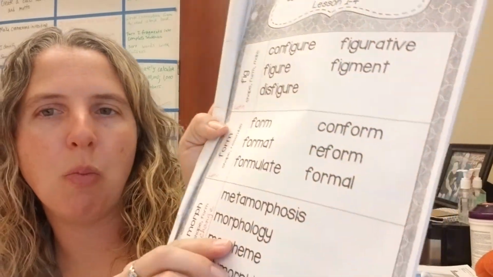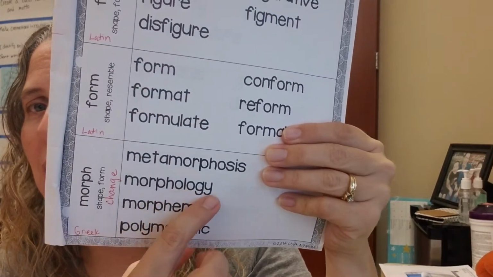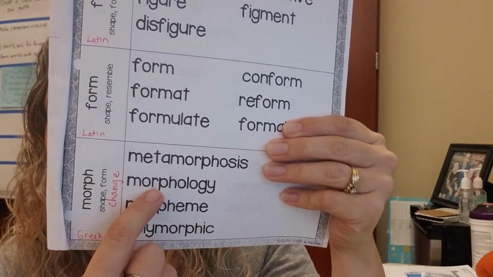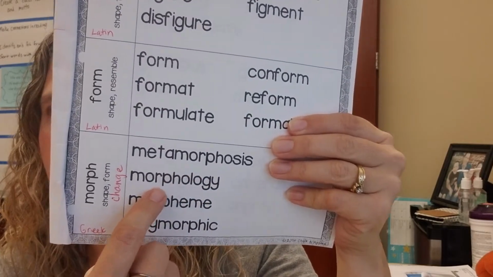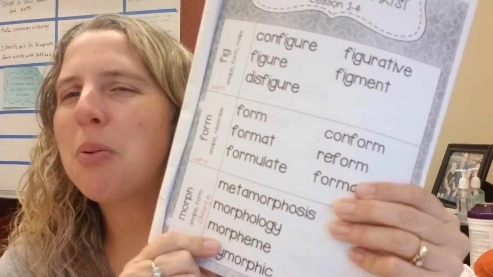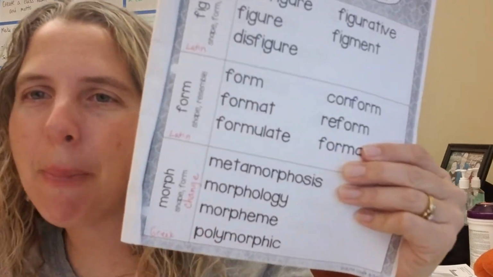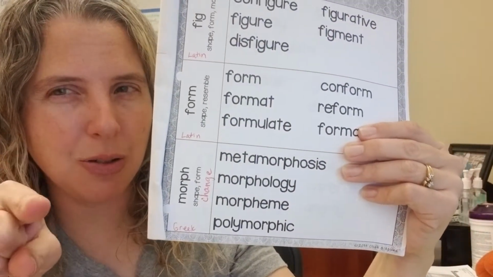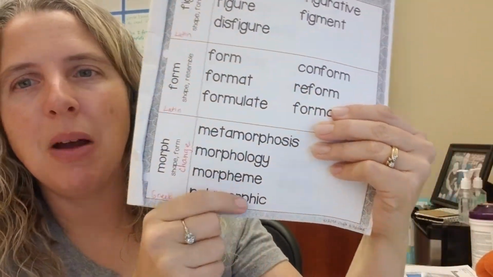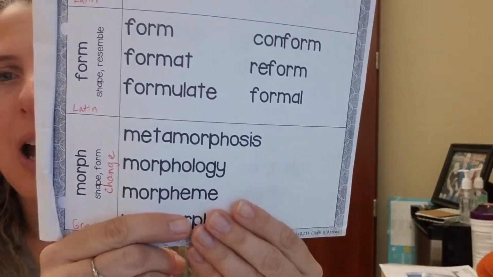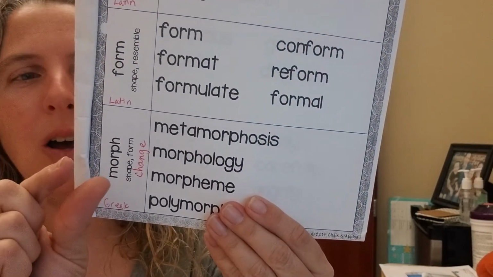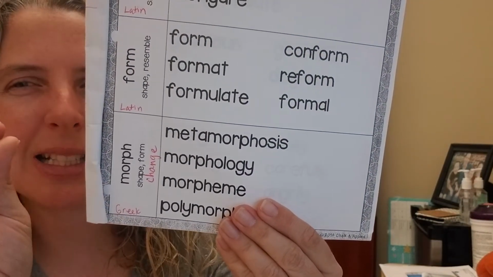This word here, morphology, ology, that suffix means the study of. So the study of changing. This one, you probably will never use this word by itself, but you use it all the time. A morpheme has to do with our language, and it's like the smallest piece of words, or like the sound that you make.